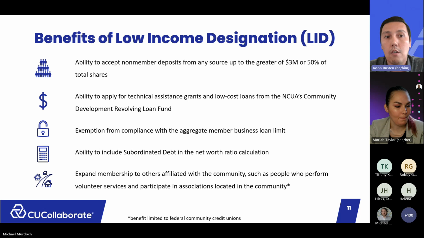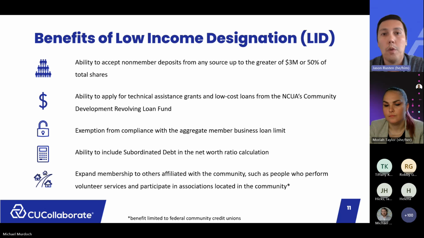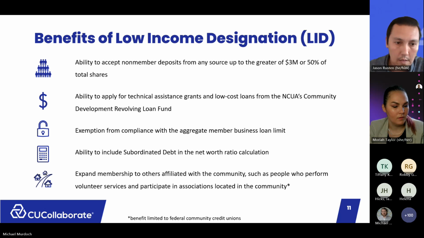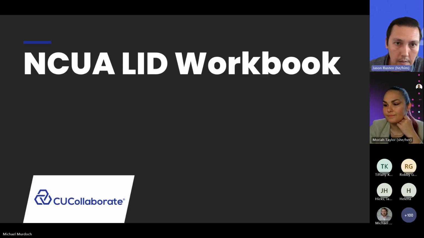It's not that you're adding the associations to your field of membership the way a SEG-based or multiple common bond credit union would, but rather people who don't live, work, attend school, or worship in your community, if they participate in an association that's located in that community, say by volunteering or donating, then that would open up another pathway to membership. So those are the main benefits of the LID.